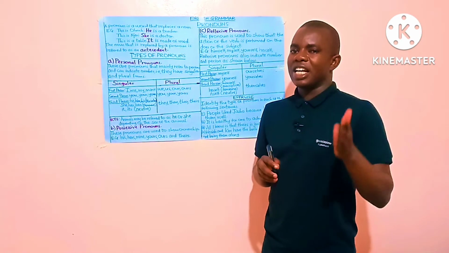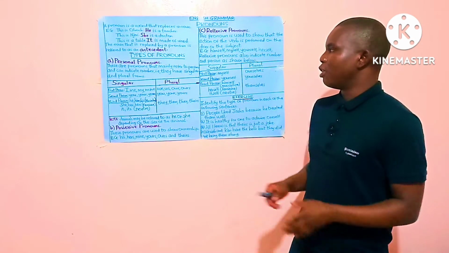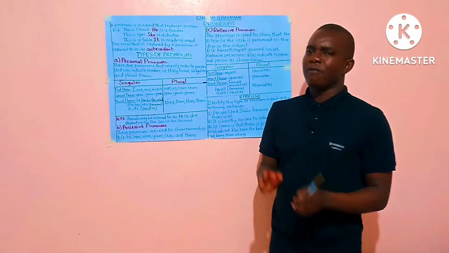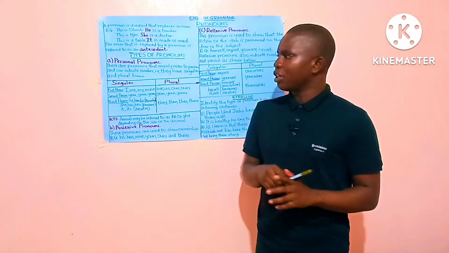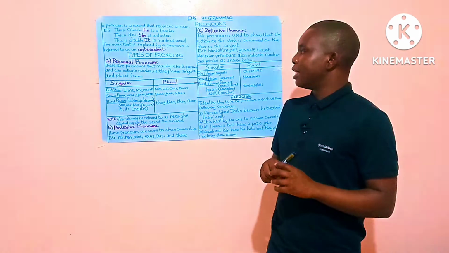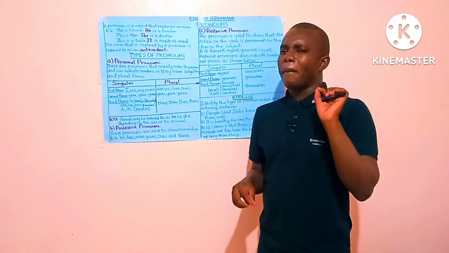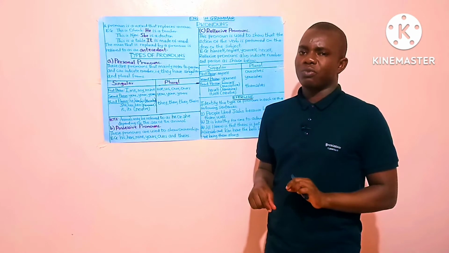Having said that, a pronoun is used in place of a noun. Let us consider some types of pronouns. The first type of pronouns that we have is what we call personal pronouns.